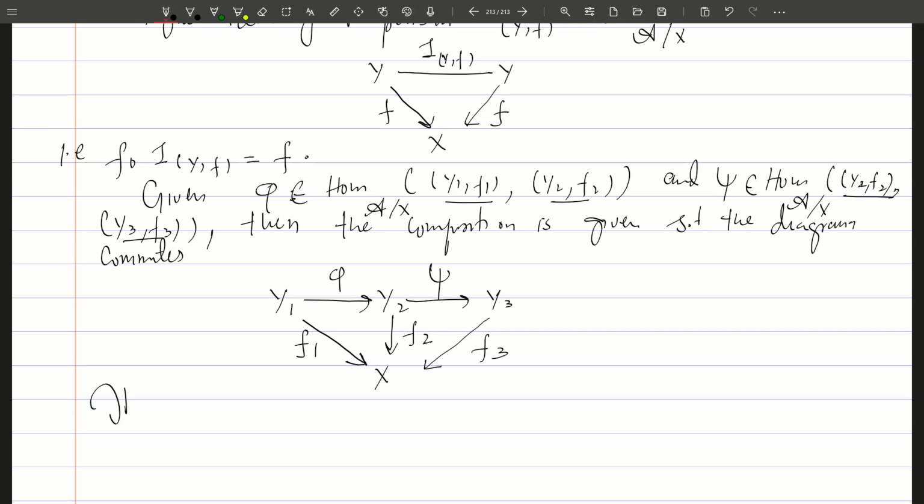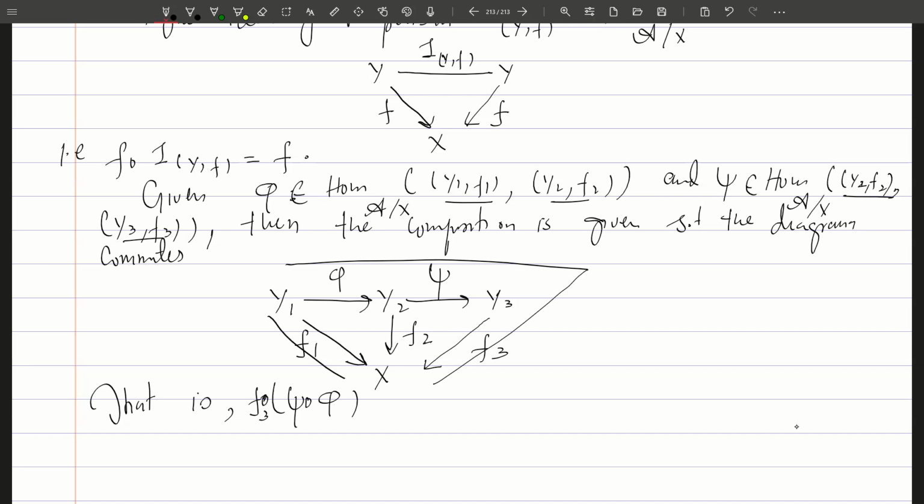That is, if we go via this way and this way, it is the same. Going via this way, first you have to go via phi followed by psi and then followed by f3.